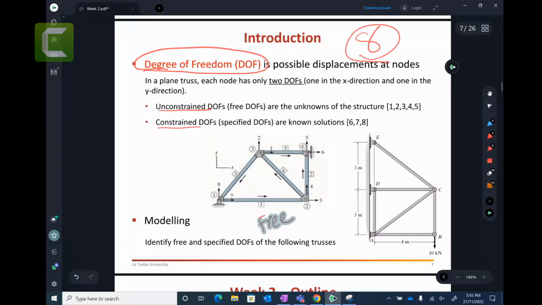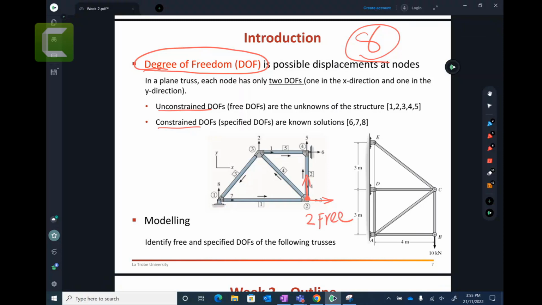Free degrees of freedom. So look at these. This node here, node number 2, has no supports. So this node can go in this direction and in this direction. So there are 2 free degrees of freedom here. Do you agree with me?